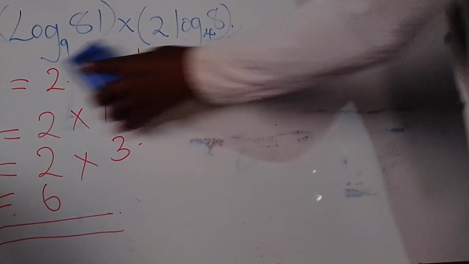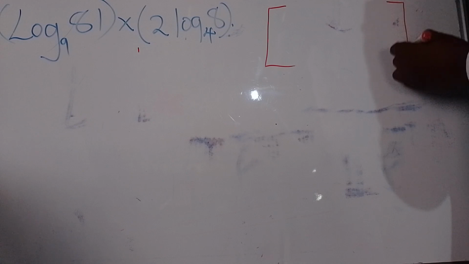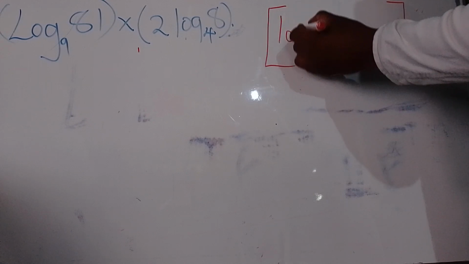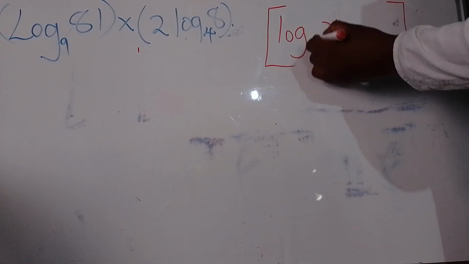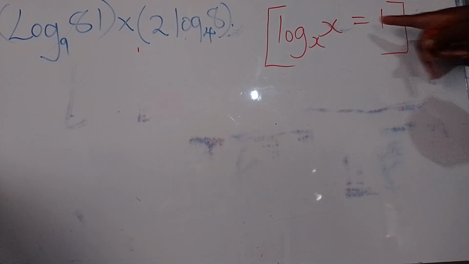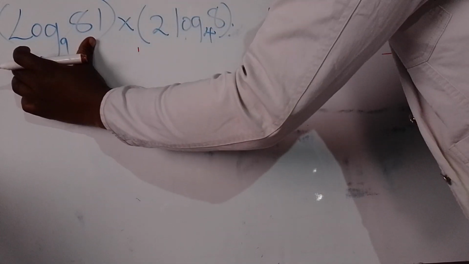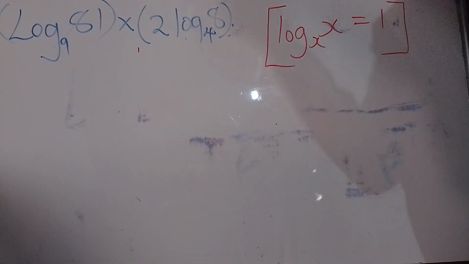Or alternatively, we can use this method. The logarithm of x to base x is equal to 1. Take note of this. Right. So we are going to express this logarithm of 81 to base 9.